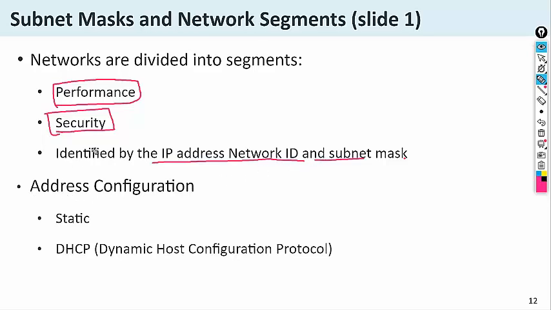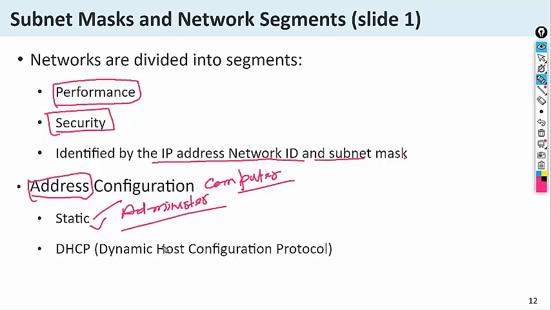Now the question is, how do you provide the IP address to the computer or to the nodes? There are 2 methods. One is the static method, where the administrator assigns the IP address by hand. It is called static.